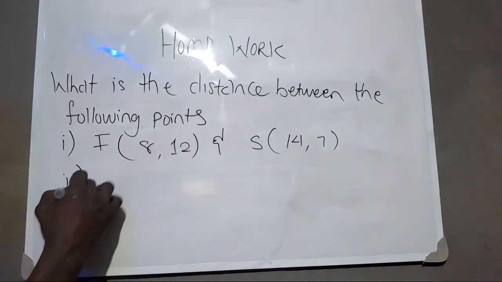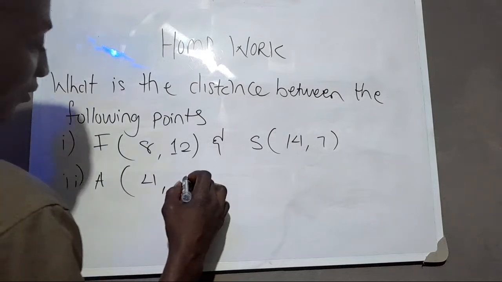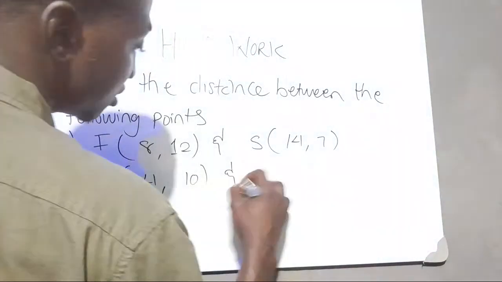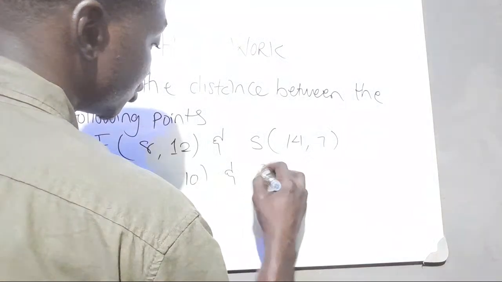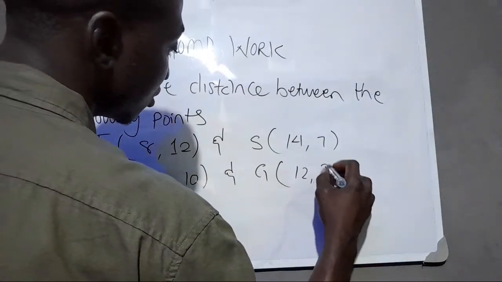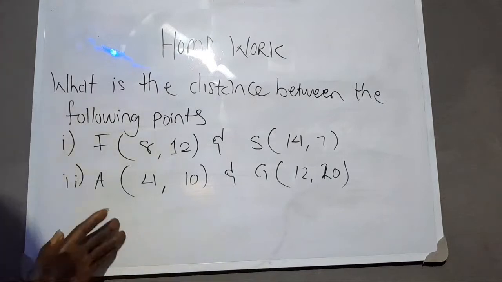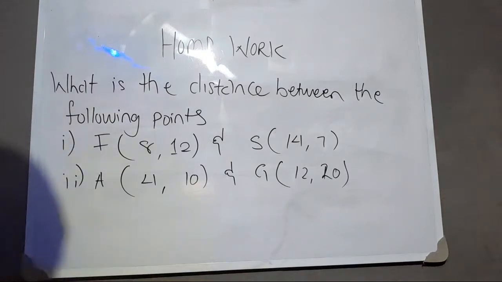Point 2, we have A, we have 4, we have 10, and point G, we have 12, we have 20. So for our next class, I expect us to have done this and submit it eventually.